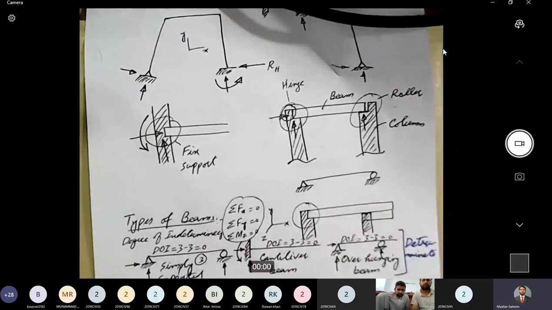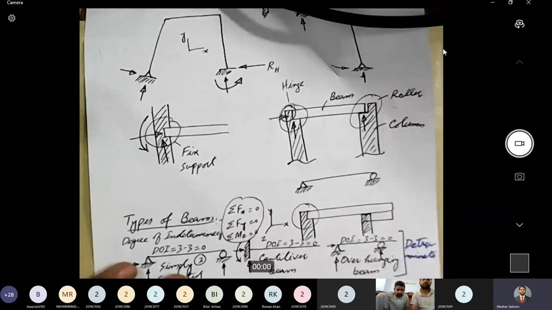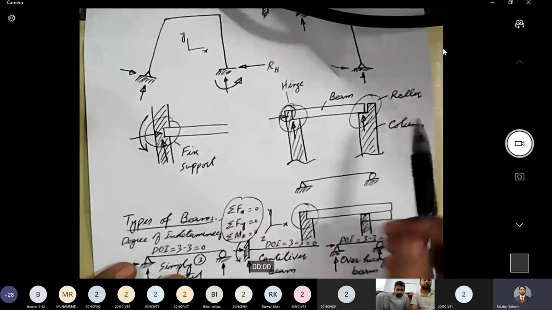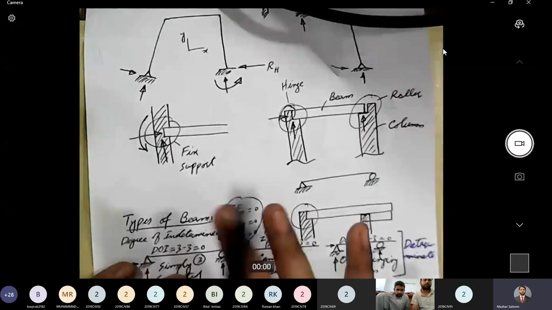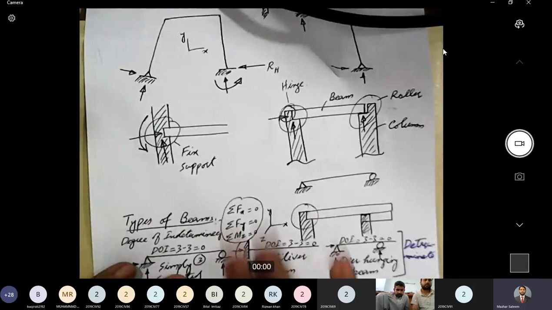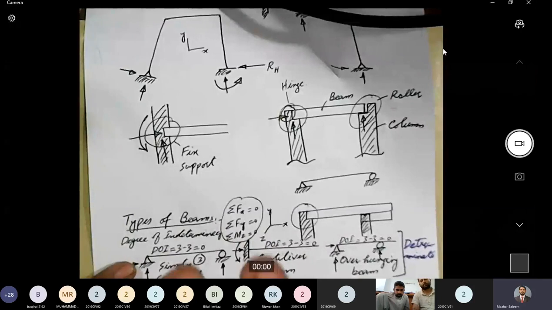When I say a beam has a roller support, it does not mean that there is an actual physical roller or a sphere or ball present under the beam. But in some cases, in bridges, where we want to allow expansion of the bridge with minimum resistance, we actually place rollers under the bridges. In that case, the physical rollers are there.